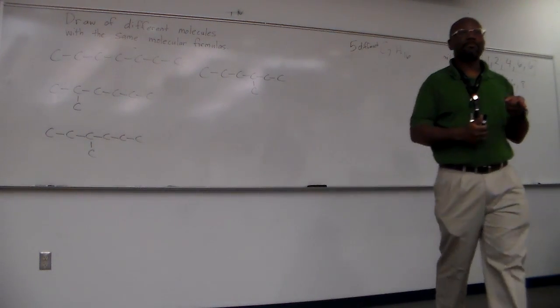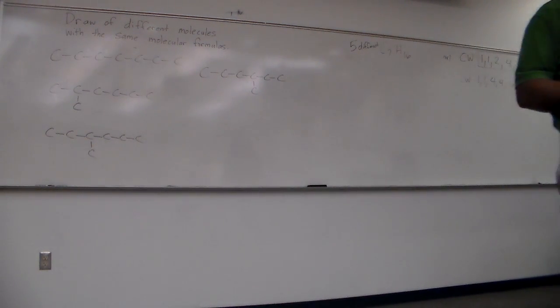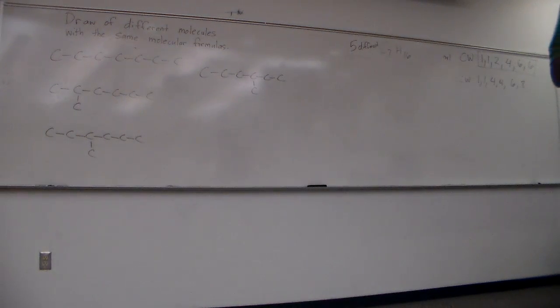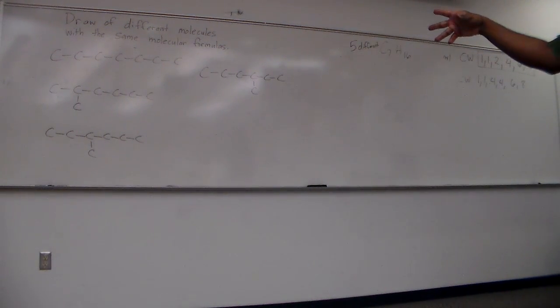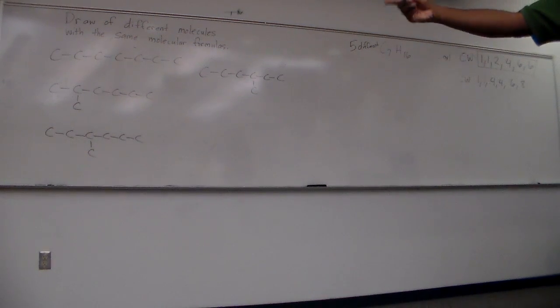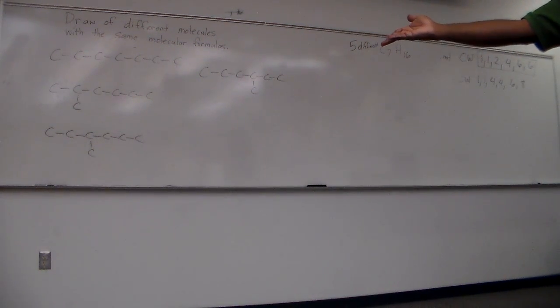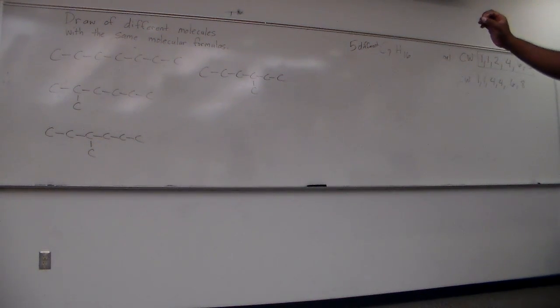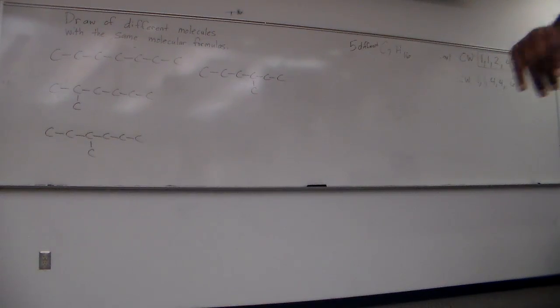Yes or no? It's not different. If you were to name it, this would be hexane, 3-methylhexane. We just drew 3-methylhexane earlier. So now we cannot do any more 6 and 1. We have to now do 5 and 2.